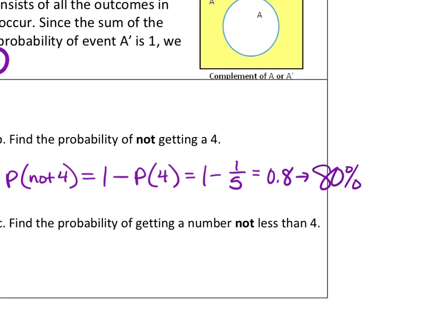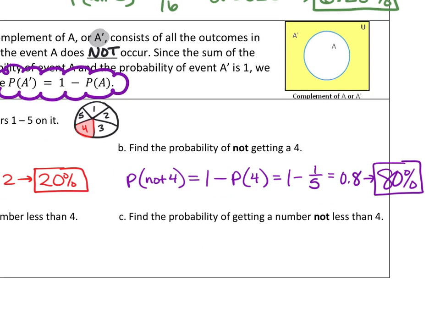80%. Awesome. Here's what I want to point out to you. If you look at my spinner that I drew, how many options do I have that are not 4? 4. Out of how many total? 5. In your calculator right now, do 4 divided by 5. 0.8.